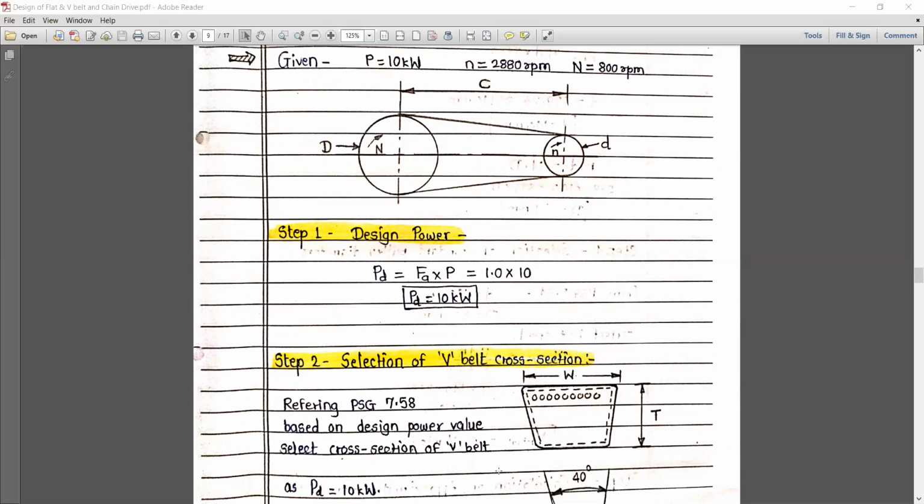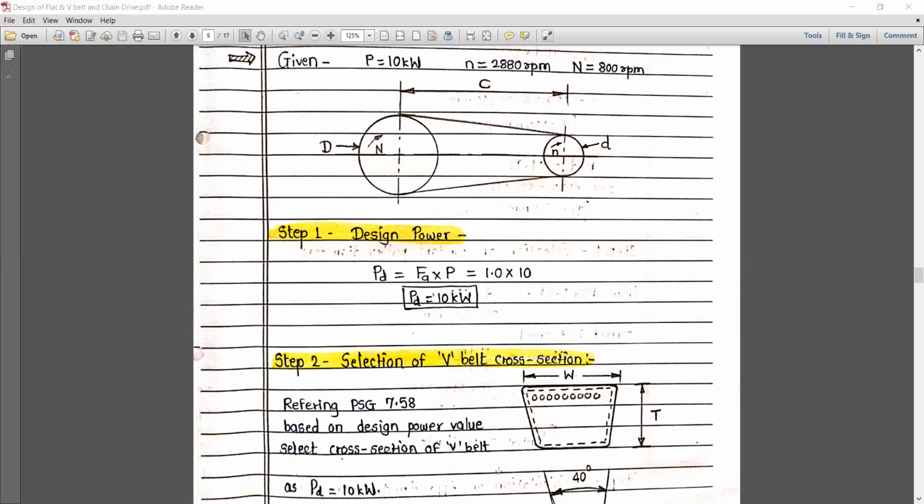Also you can see V belt drives in tape recorders, where the distance is short but larger than the distance required for a gear drive. There you can use a V belt drive rather than a flat belt drive.